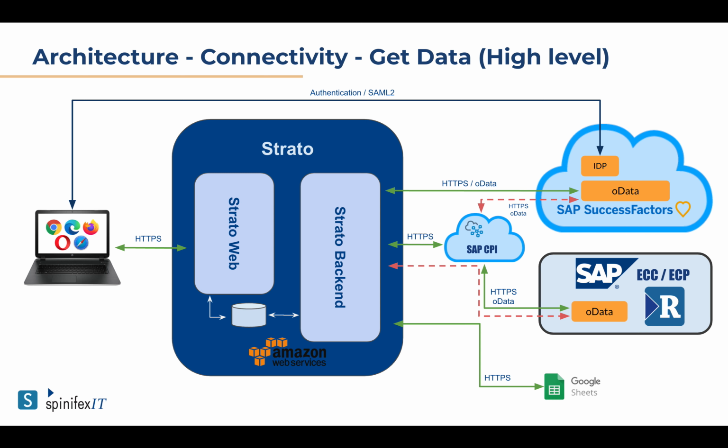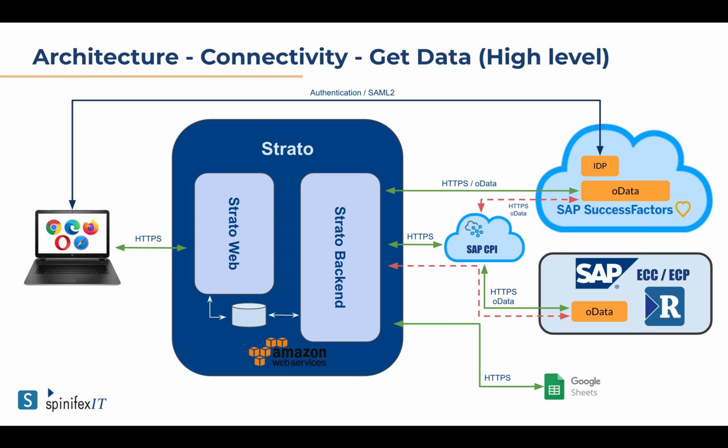The green arrows are our recommended approach. When Strato connects to SuccessFactors, our recommended approach is that we link Strato directly to SuccessFactors through HTTPS. The reason it is our recommendation is because it's faster.